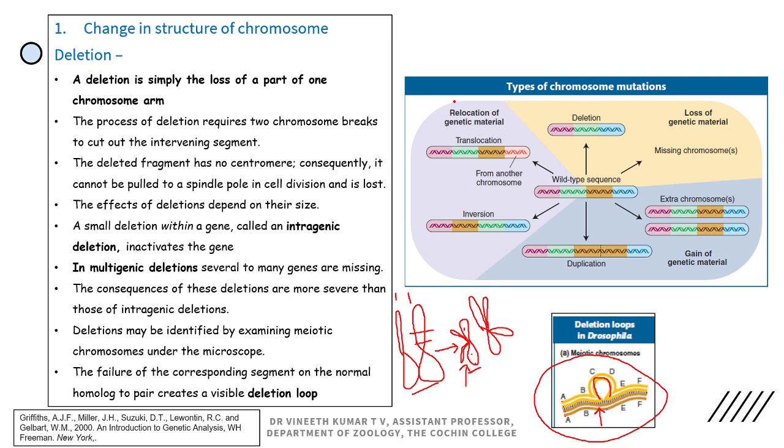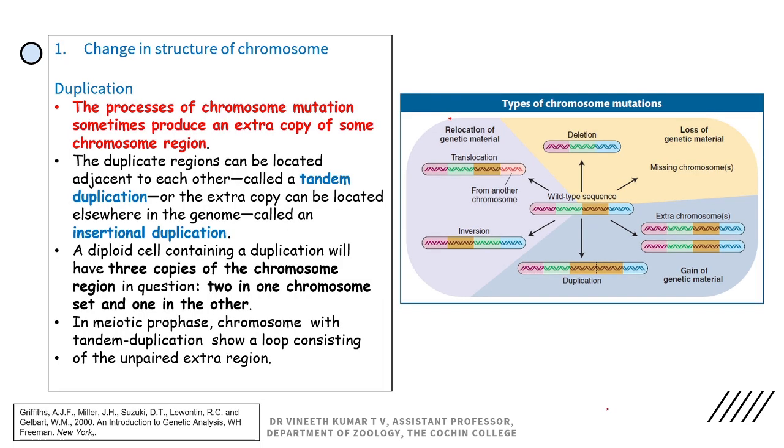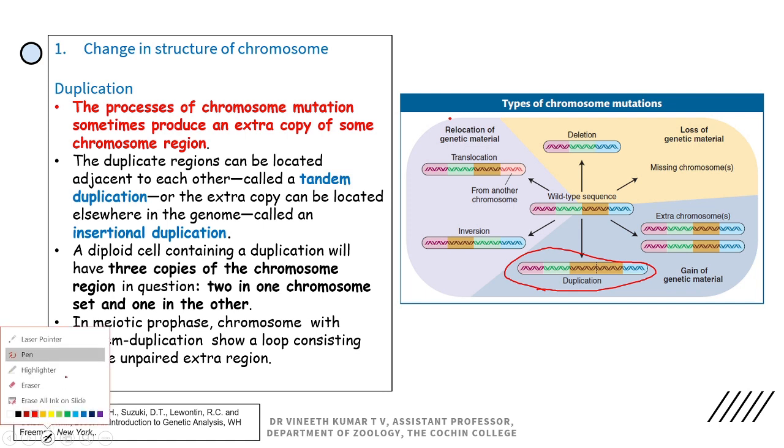So I think deletion and deletion loop are clear. Now we are moving on to the second type of change in chromosome structure, which is duplication. In duplication, the process of chromosomal mutation sometimes produces an extra copy of a chromosomal region, and the duplicated regions can be located adjacent to each other.